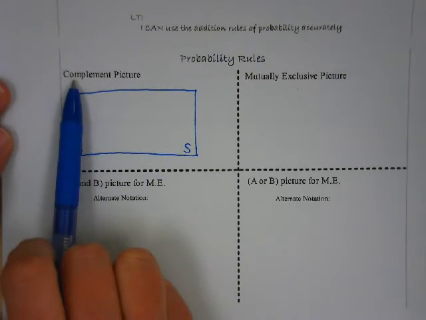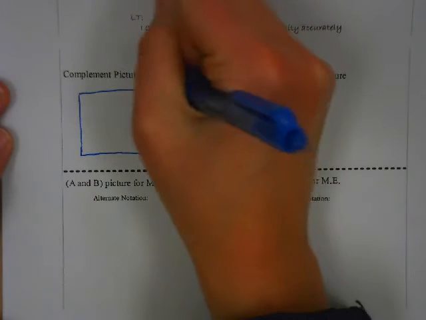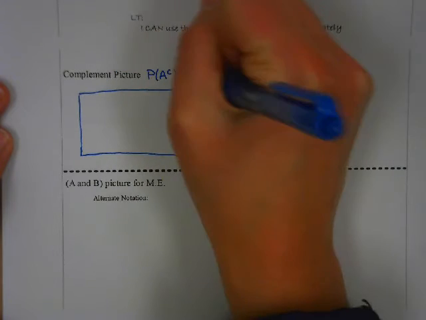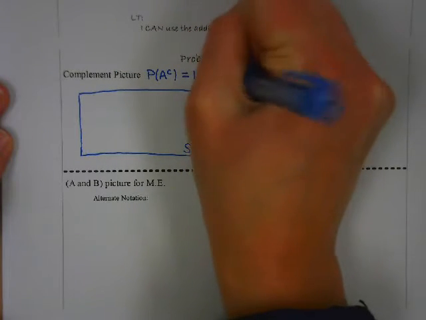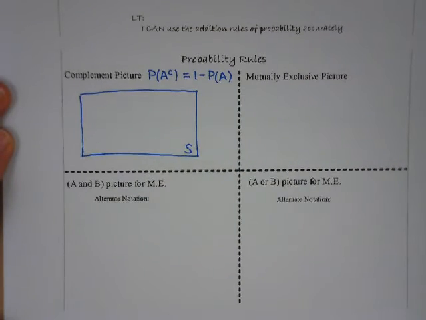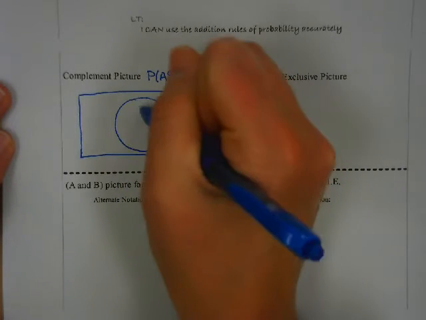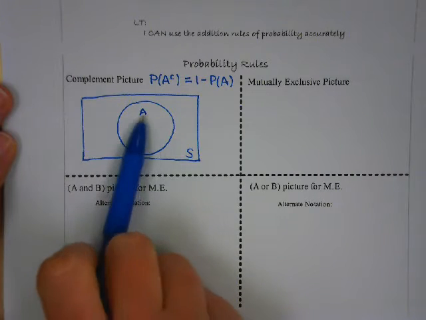So last time we talked about the complement rule. So the probability of A complement, or A not happening, is 1 minus the probability of A. So if we have event A in our sample space, inside that circle is the probability that A happens.